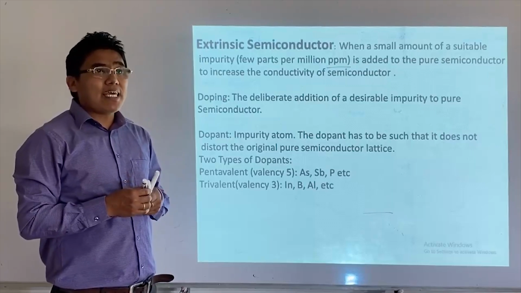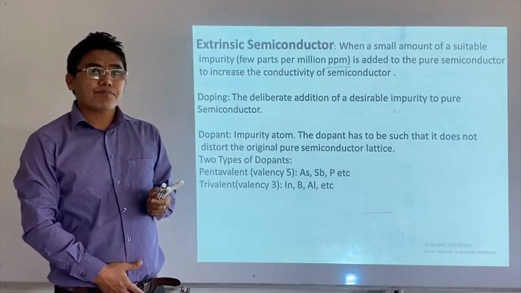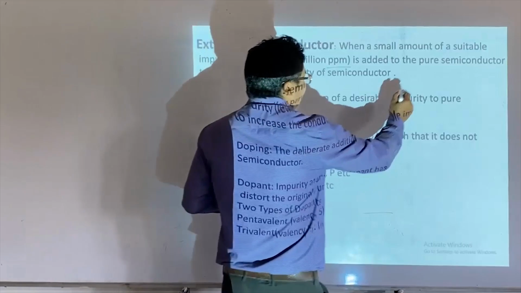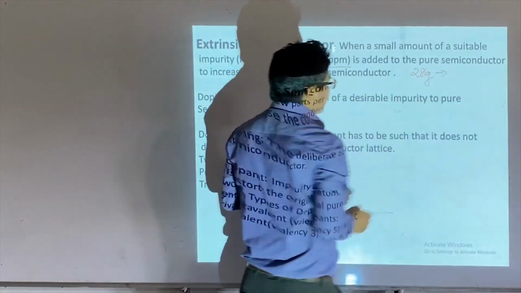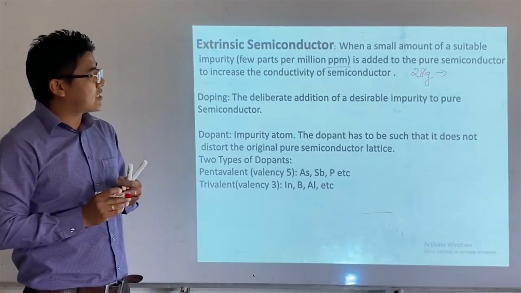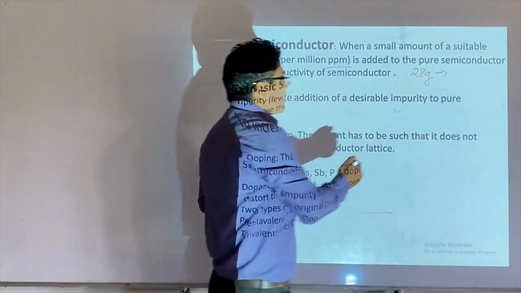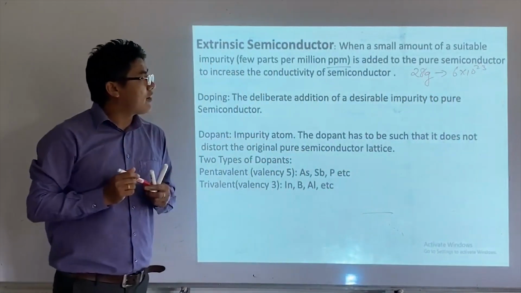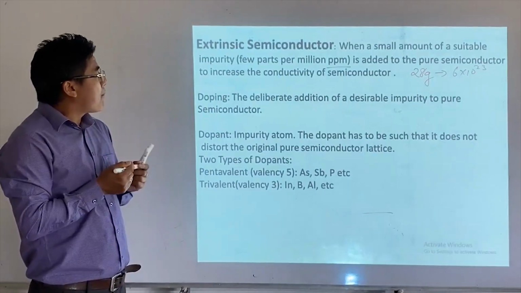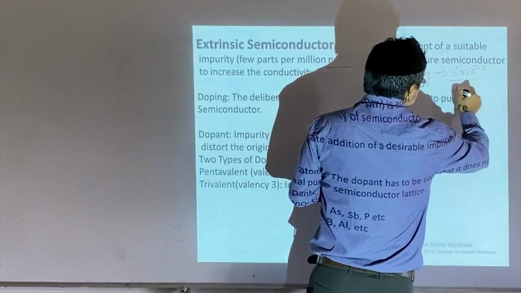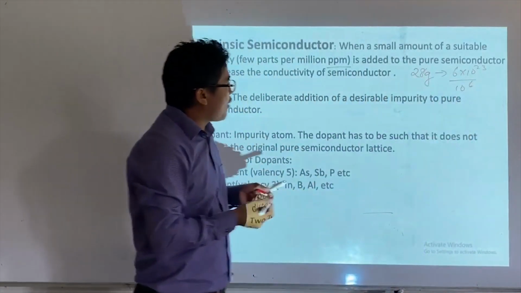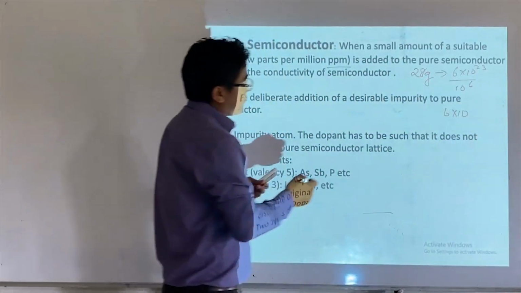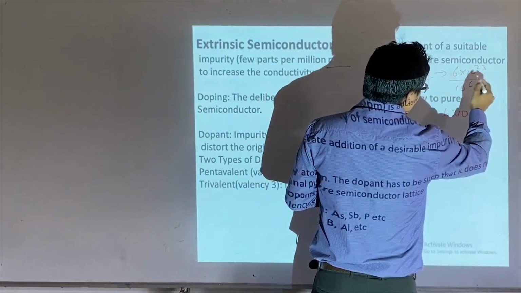Why? Because let's say the silicon molar mass is 28 grams. 28 grams of silicon contains 6 times 10 raised to the power 23 silicon atoms, that is Avogadro's number. So what about parts per million? Parts per million means I am going to divide this by 1 million. So how many impurities are there? 10 raised to the power 17.